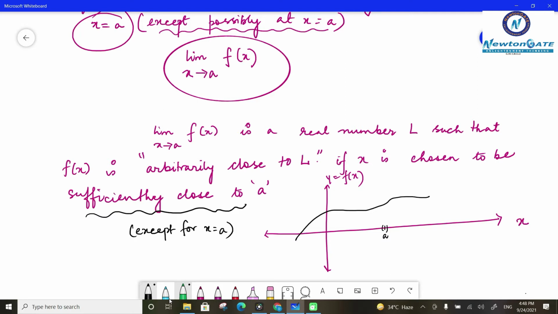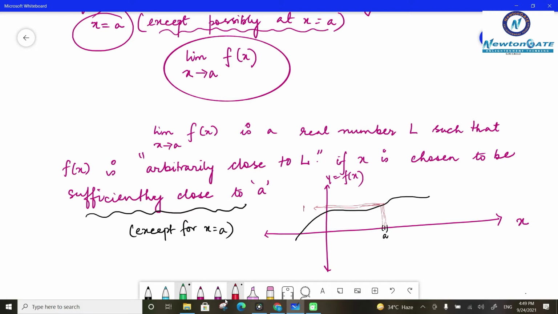Now, if I represent this on the graph, it is like this. This is my point, and this is my point, and here I can denote a. If I take the y values, that is the y equal to f(x) values, you will see that they are very close to each other.